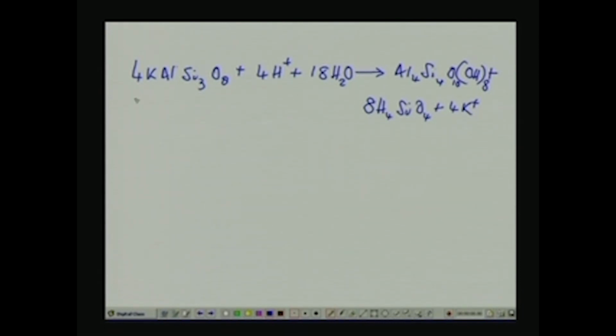Now, this one here was potassium feldspar, also sometimes called K spar, and the weathering product was a clay mineral called kaolinite.